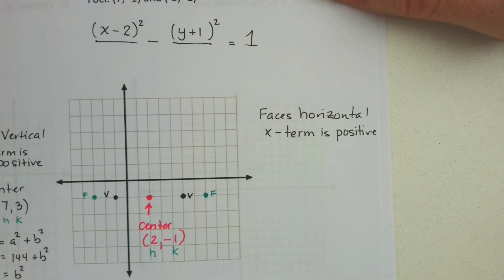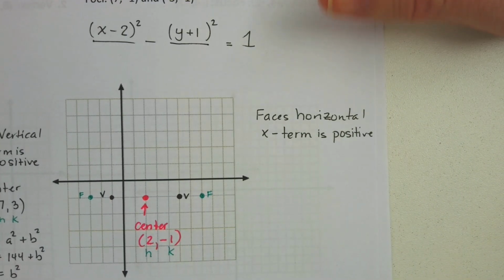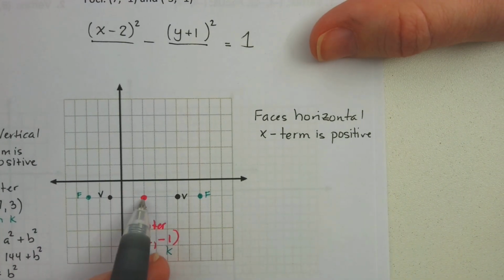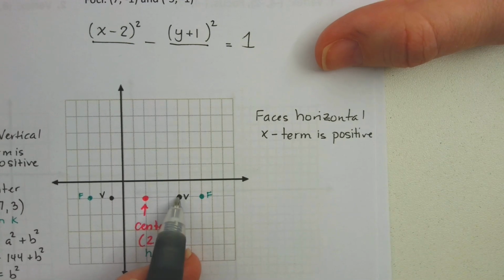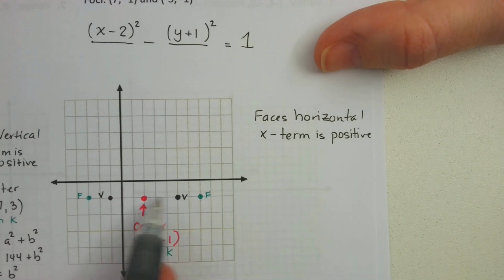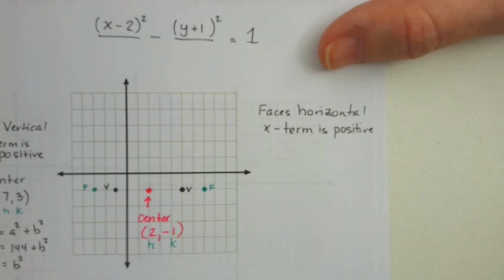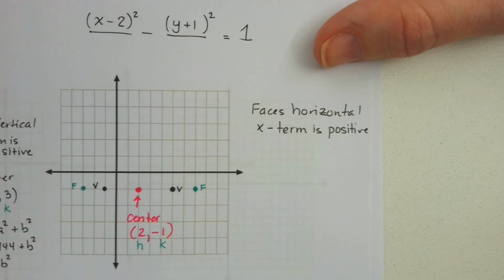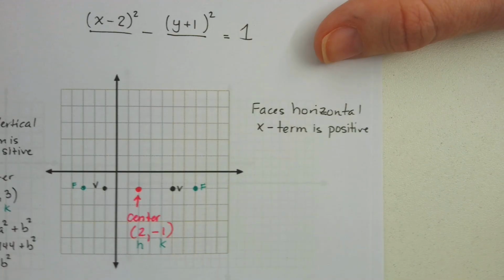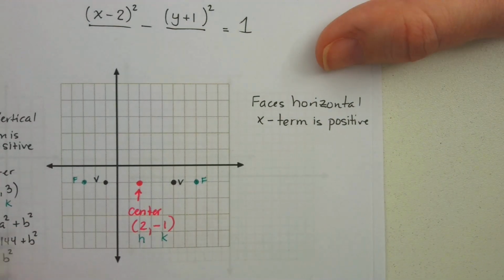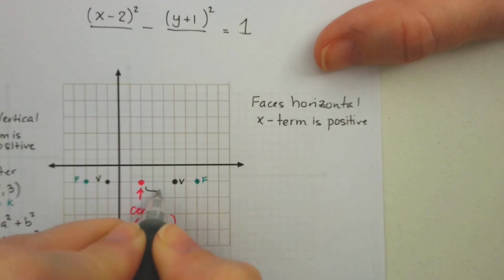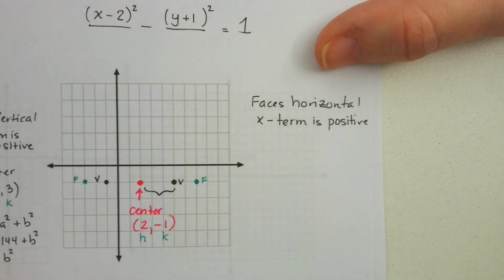Okay, so still figuring out our two denominators. Again, we have to use the fact that we know how much it is needed to get from the center to a vertex. And we also know how much it is to get from a center to this focus here. So that kind of gives us two numbers to use in our little a squared plus b squared equals c squared. All right, let's do some counting. Center to vertex.